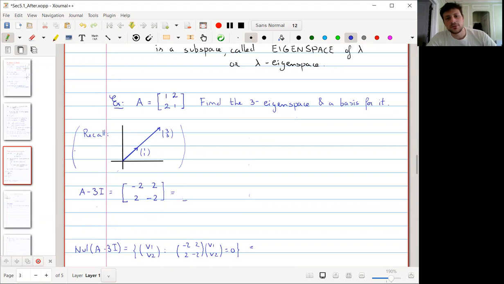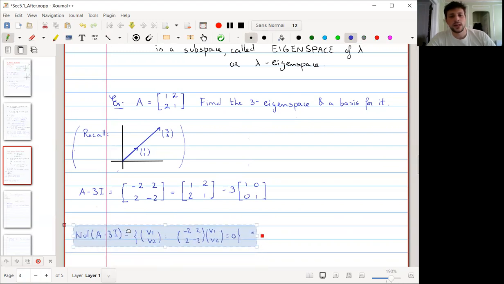The way I got this matrix is by computing A, which is 1, 2, 2, 1, minus 3 times the identity, 1, 0, 0, 1. And if you perform this sum, then you get exactly that the matrix is minus 2, 2, 2, minus 2.